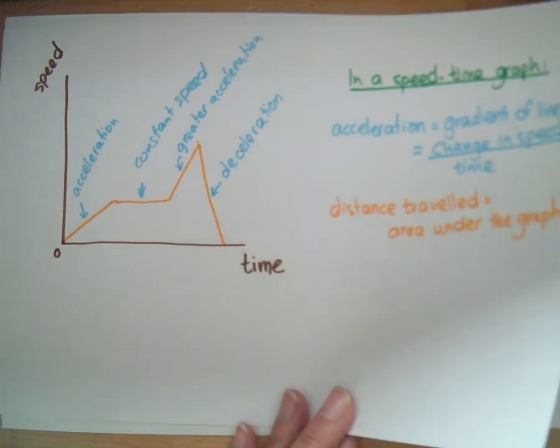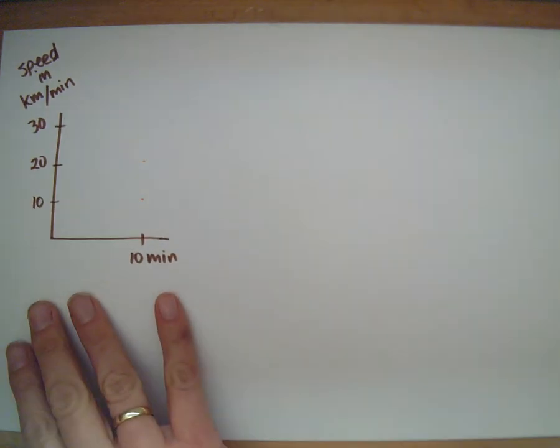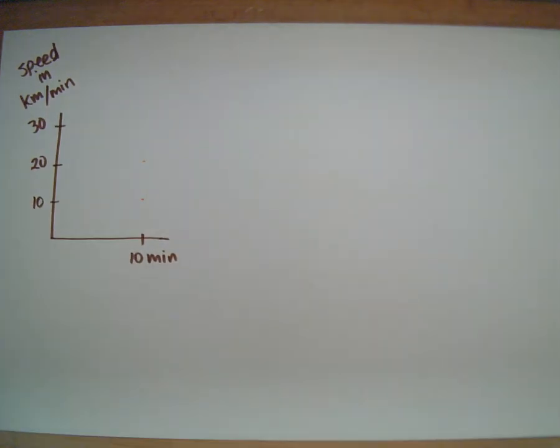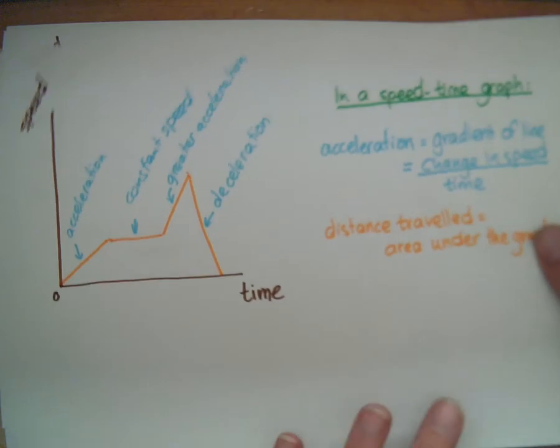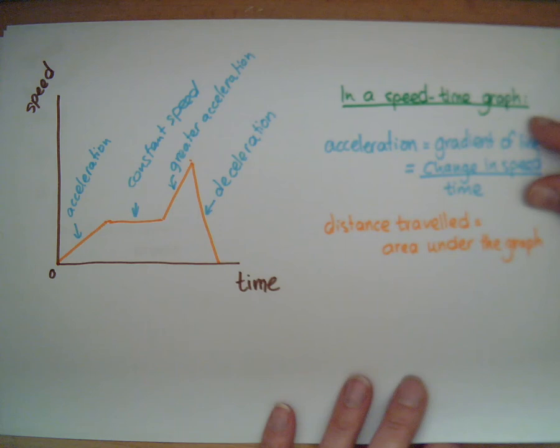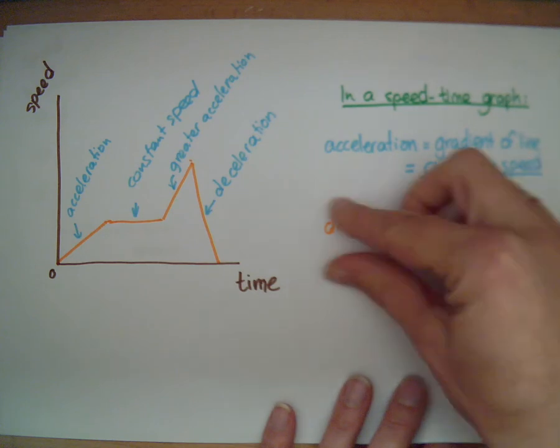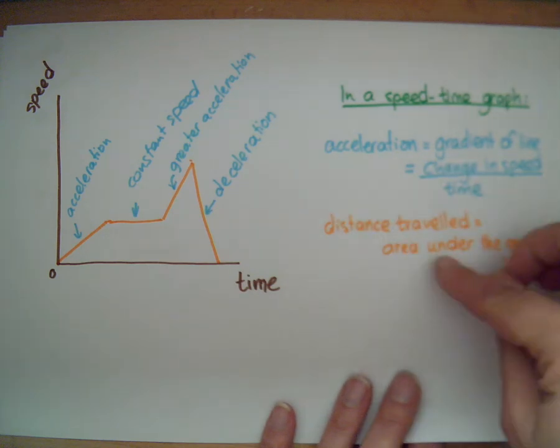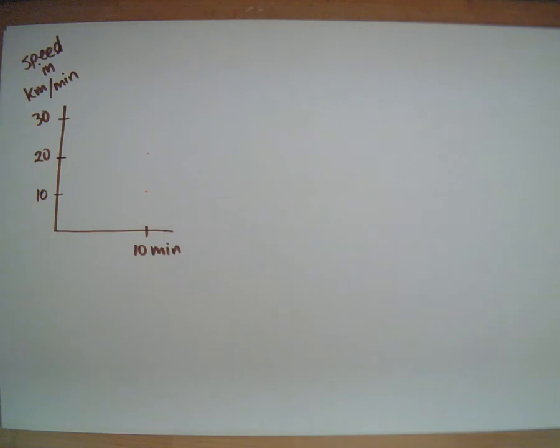Okay. First example of finding the acceleration. So we're first going to look at this rule in an example, and then we're going to look at this rule in an example. So first the acceleration one.